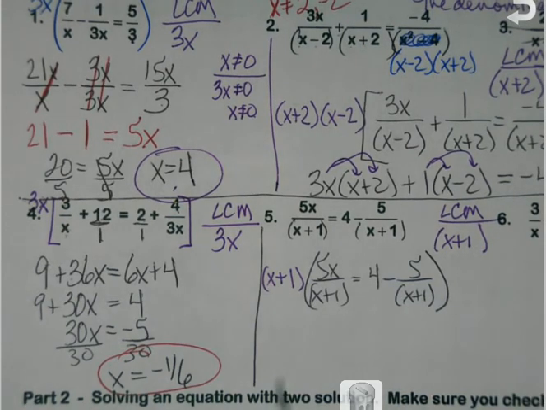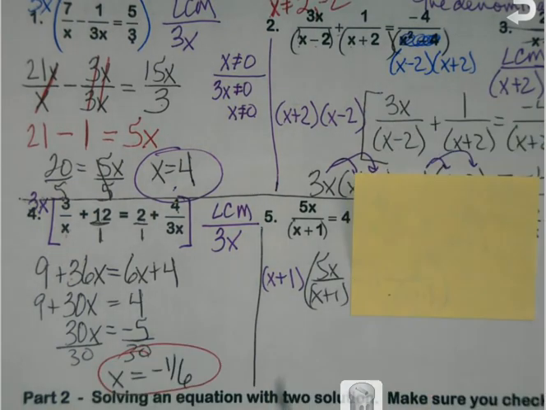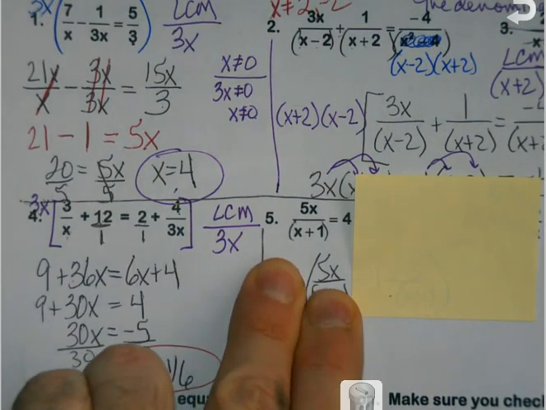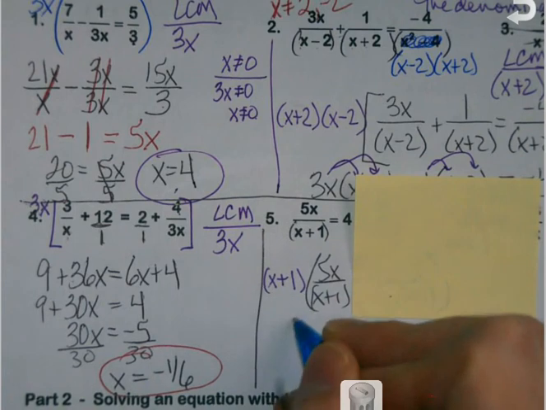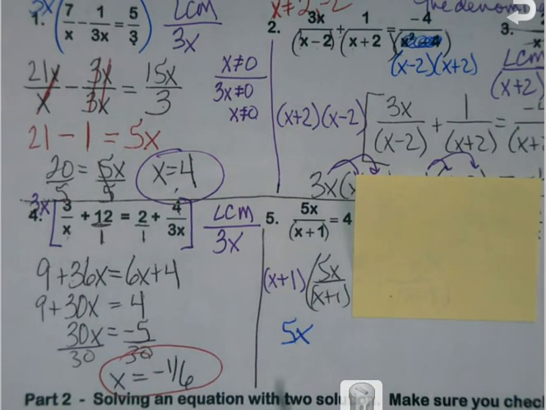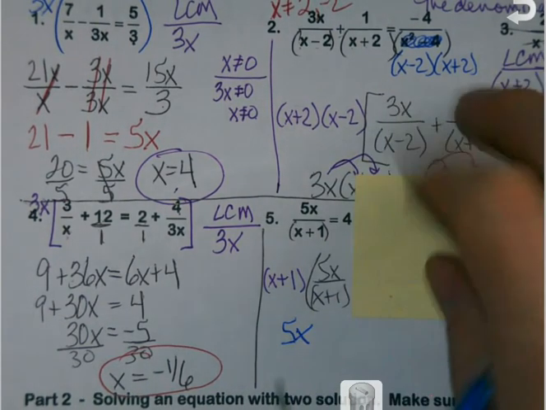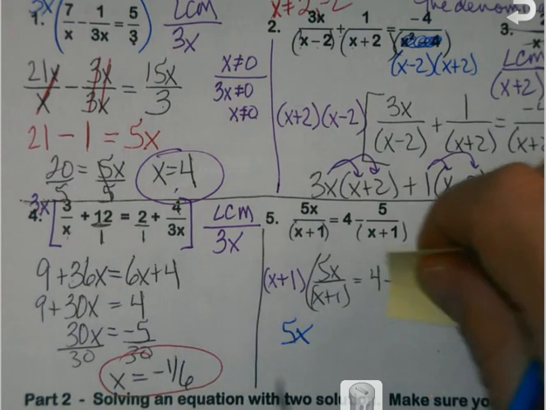And again, if I just work a piece at a time, I can say, okay, the x plus 1s would cancel here. I get 5x. I move to the next piece.